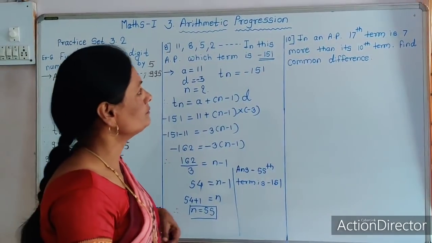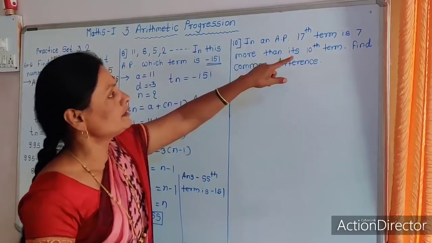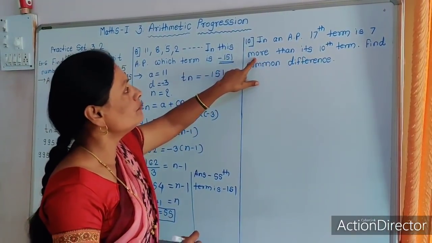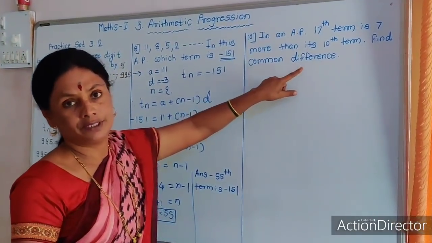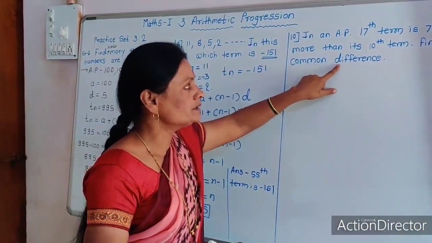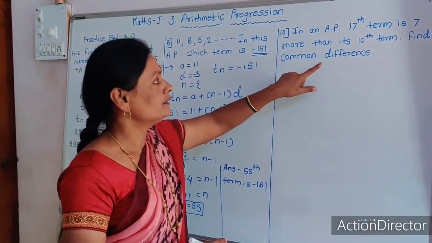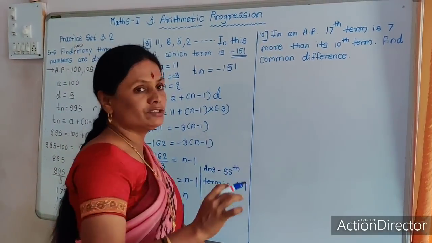Next example. In an AP, the 17th term is 7 more than its 10th term. Find the common difference. We have to calculate the common difference, that is the value of D. The AP is not given here.